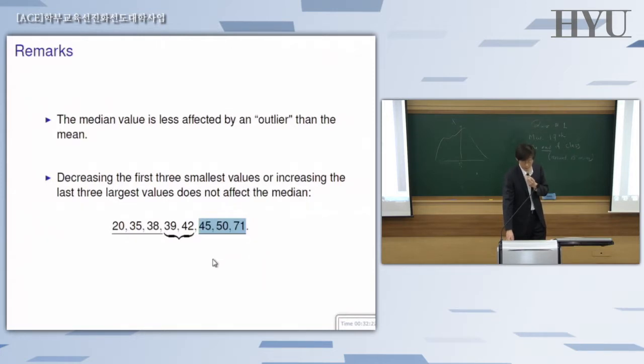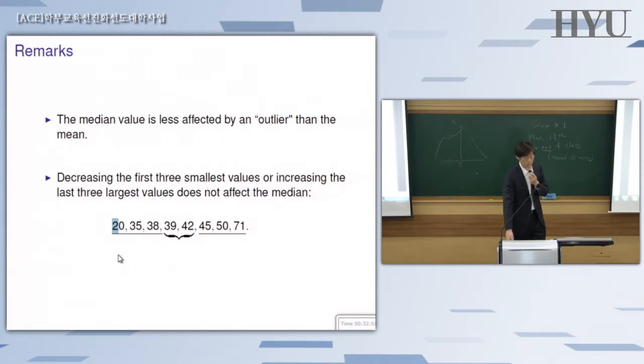But obviously, if you consider the mean, whatever number you put in here or on the left hand side clearly makes a difference, because you have to sum all these numbers first. The way we compute the mean is to add all those entries, so by adding the big one or the small one on the other side, it certainly gets affected by those huge or small numbers that you are adding up.